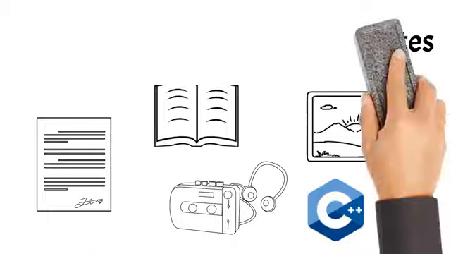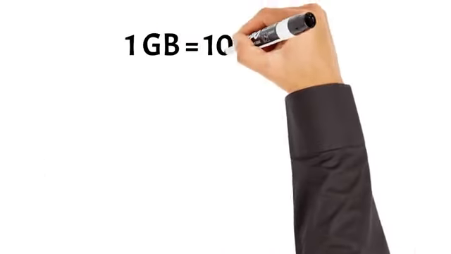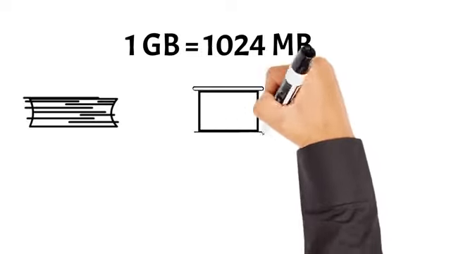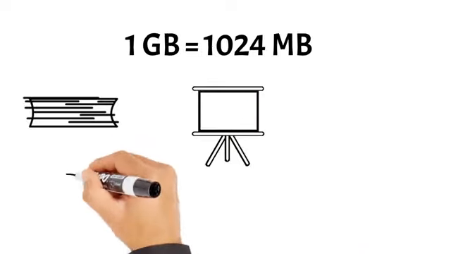And lastly, let's quickly look at gigabytes. A gigabyte, composed of 1,024 megabytes, or more than a billion bytes, offers a substantial leap in storage capacity compared to a megabyte. With a gigabyte, one can store an extensive collection of documents, including books, presentations, and spreadsheets.